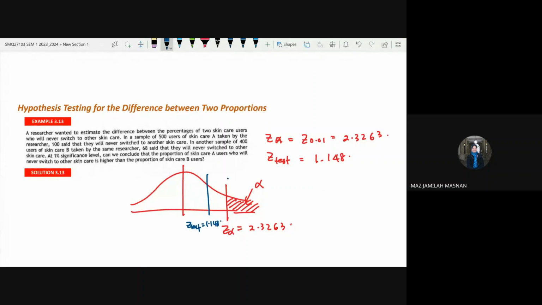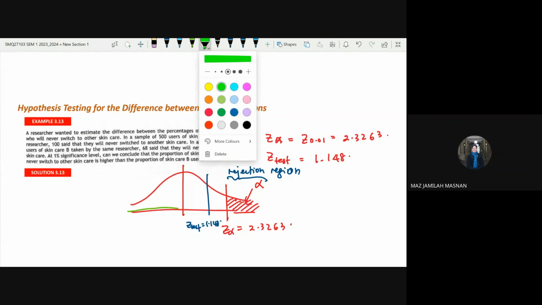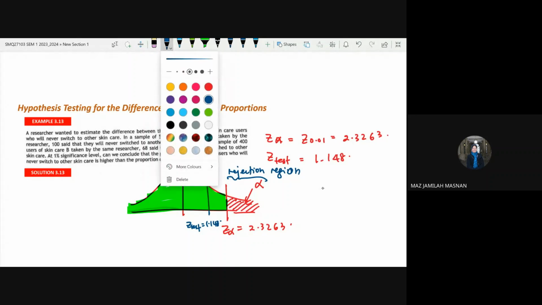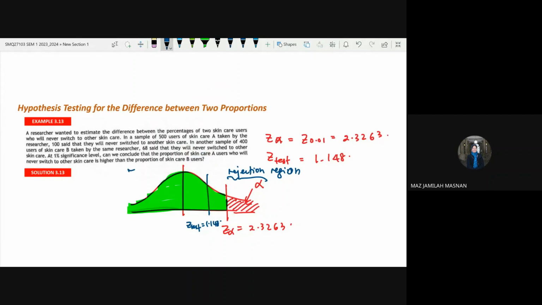So this is the rejection region, and this is the non-rejection region. This in green color is your non-rejection region, sorry. All this is the non-rejection region.